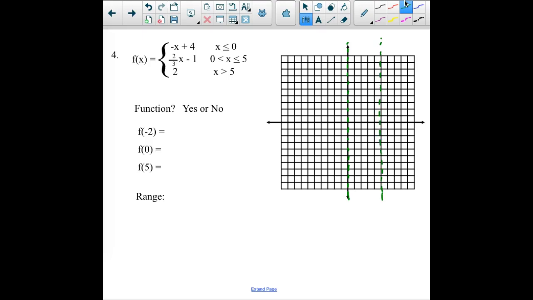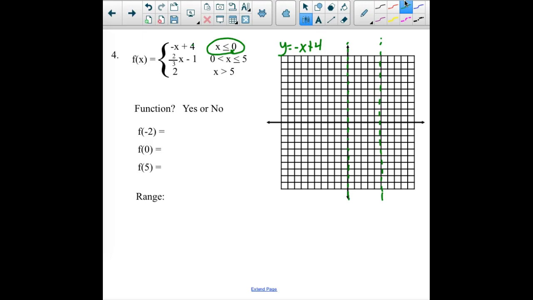Okay. Which function goes on the far left chunk of my graph? The top one? How do I know? Look at your domain. If your x's are less than or equal to 0, which would be everything on the left side here, that's the function you want to use.